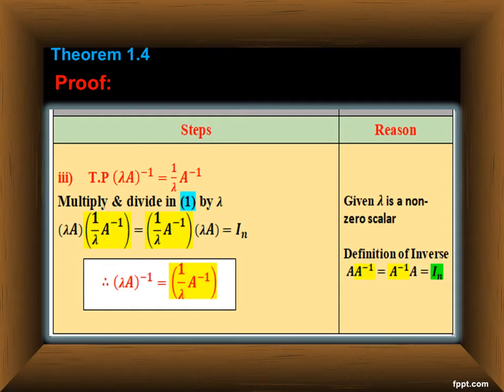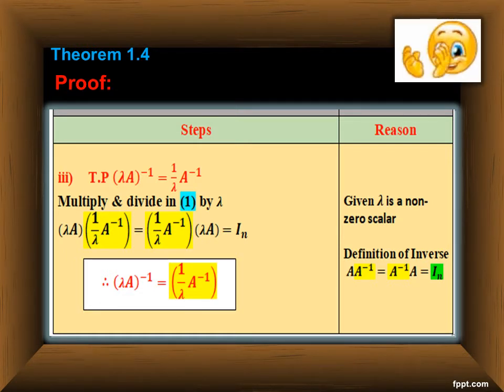That is, when this highlighted yellow part is multiplied with lambda A, we get In. By the definition of inverse, this highlighted part will be the inverse of lambda A. So we are saying (lambda A) inverse equals 1 by lambda into A inverse. Hope you have got it.